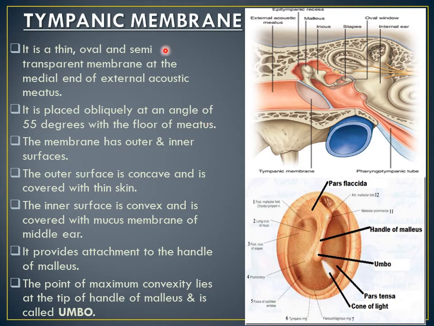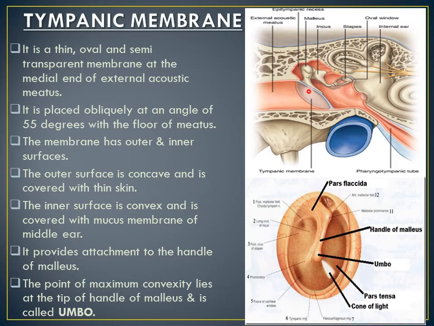Tympanic membrane. It is a thin, oval, and semi-transparent membrane at the medial end of the external acoustic meatus. Now, in this diagram, here you can see the external auditory meatus, and here is the tympanic membrane, which is placed at the medial end of the external acoustic meatus, and behind this there is the middle ear cavity.